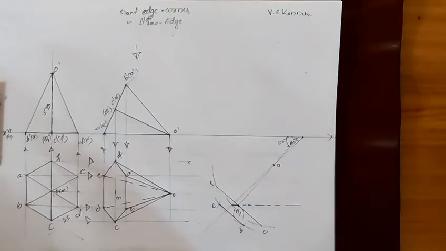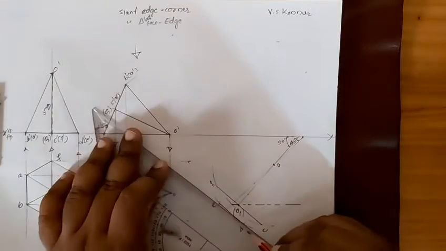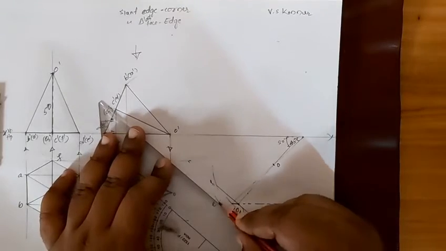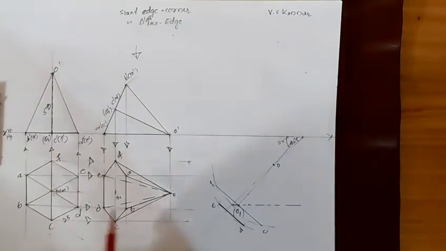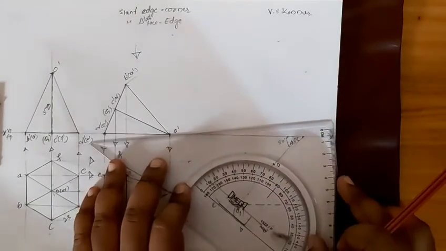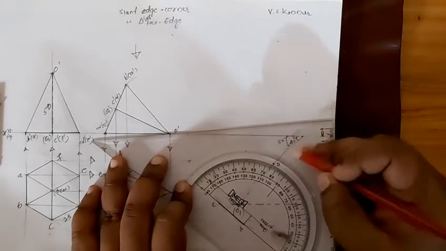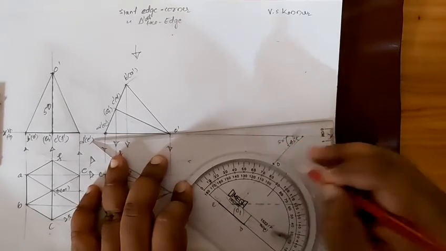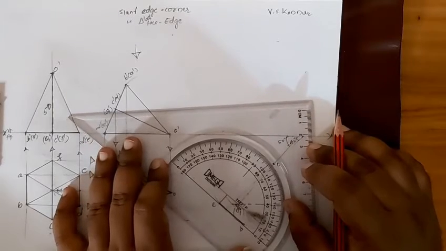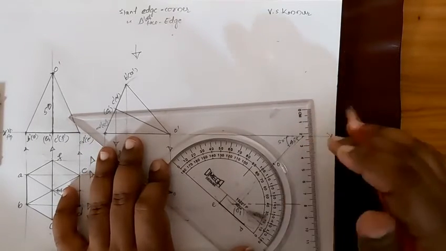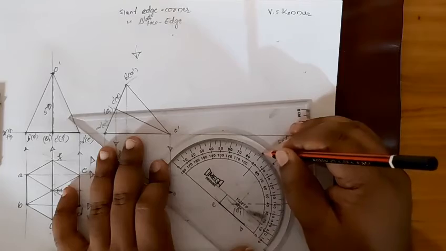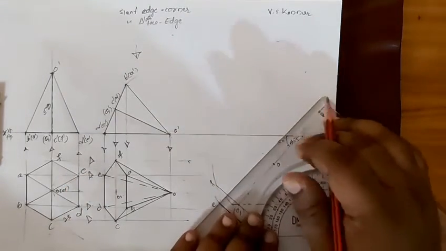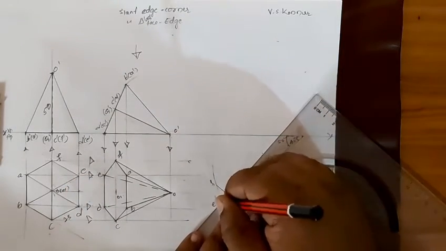Right. Now we'll take 90 degree. From here it is B, 90 degree. From E, 90 degree, A we will get. So from this point we'll take 90 degree, and from this point also we'll take 90 degree. Now we'll not extend more.